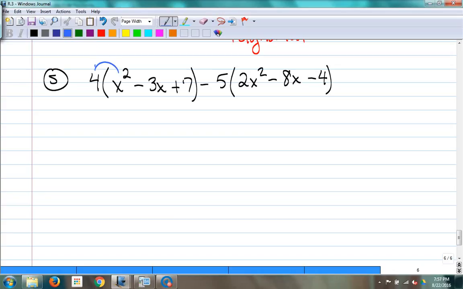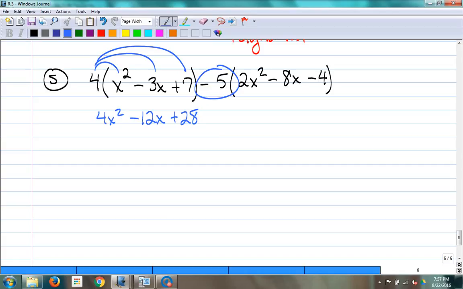So I'm going to distribute a 4 to all 3 of those terms. And when I distribute, what operation am I doing? I'm multiplying. So that's 4x squared minus 12x plus 28. And then when I distribute this 5, I'm distributing a minus 5. Be careful of that. That's a very common mistake, is to distribute the 5 and not the negative with it.